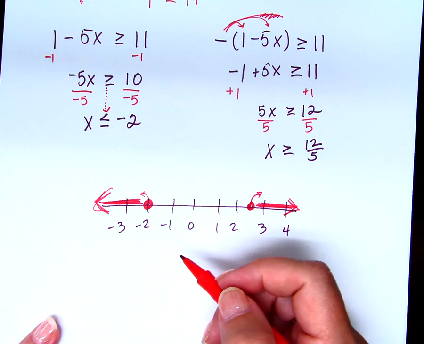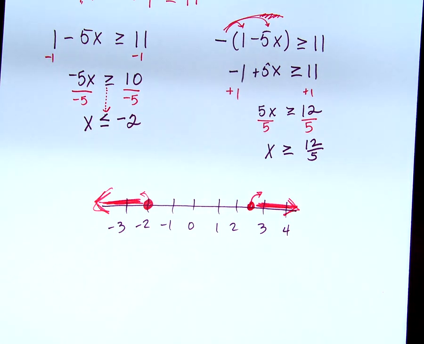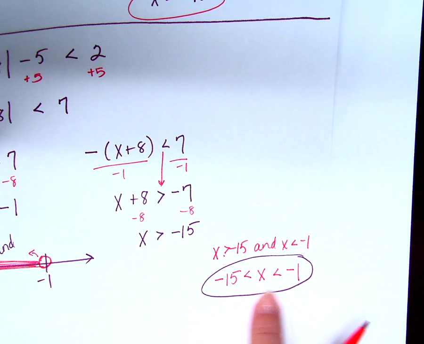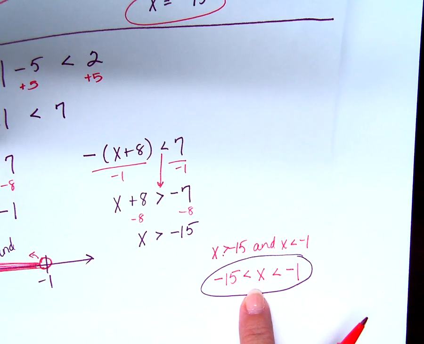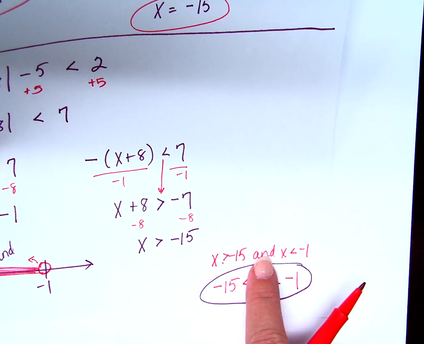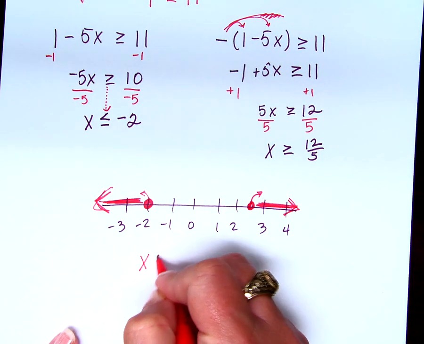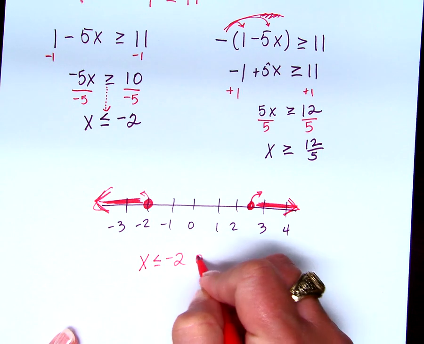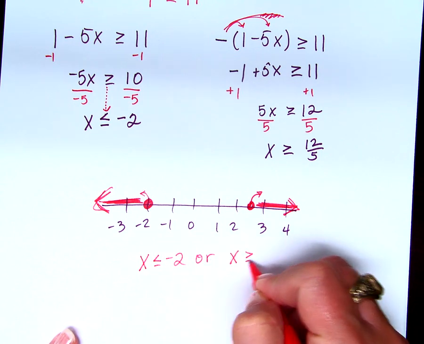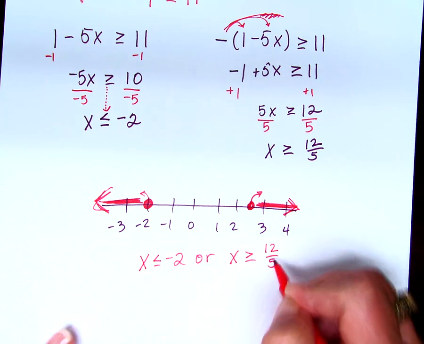So this time, last time we could write the number like this. This time we can't. It has to look like this, except right here it has to say or. We have to say x is less than or equal to -2 or x is greater than or equal to 12/5.